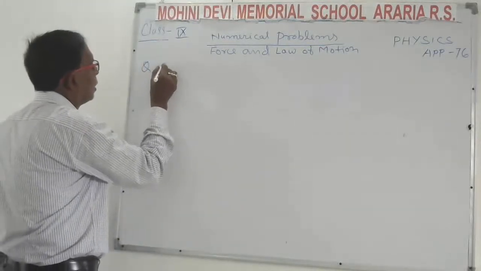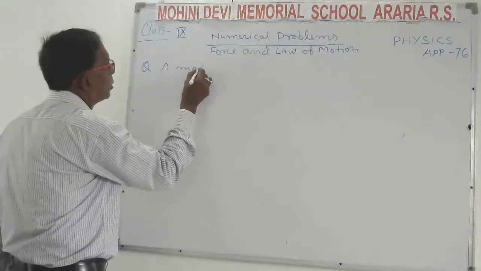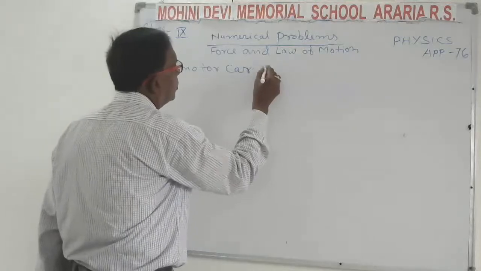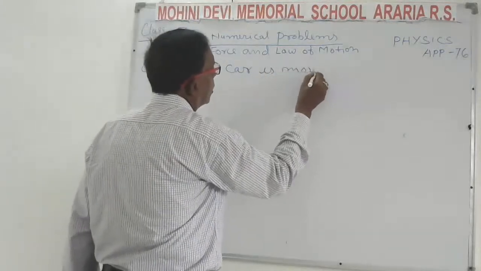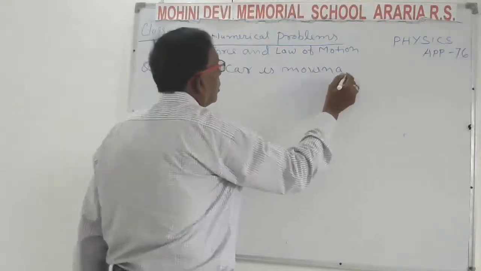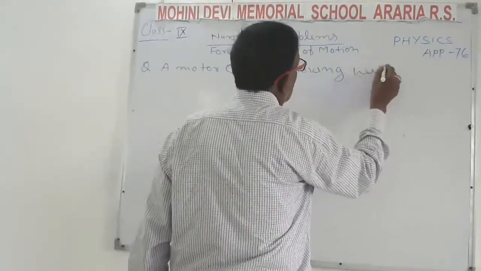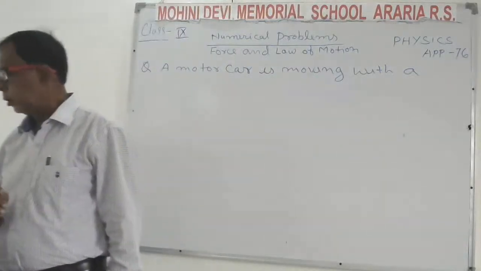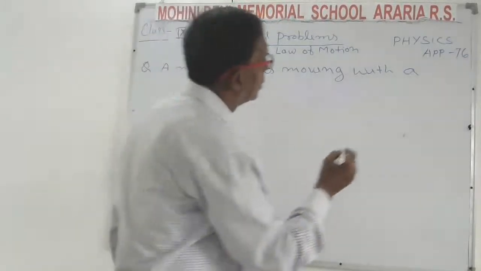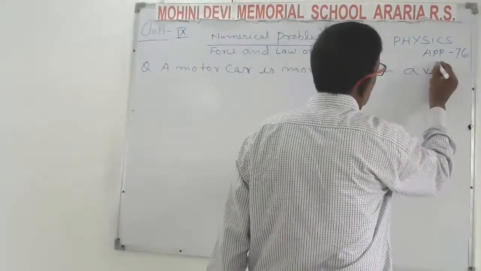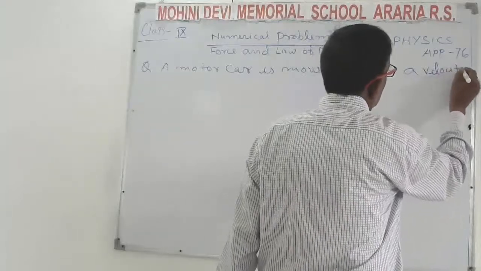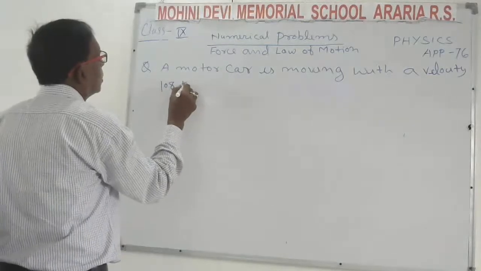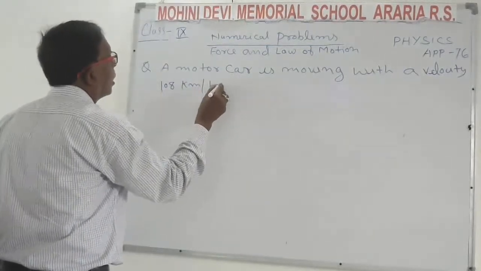Question: a motor car is moving with a velocity 108 kilometers per hour.